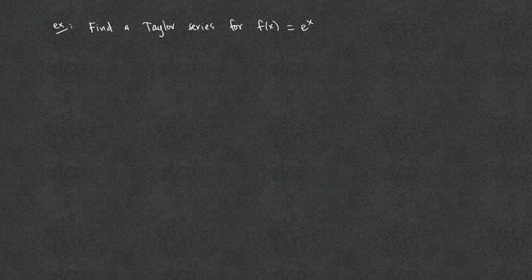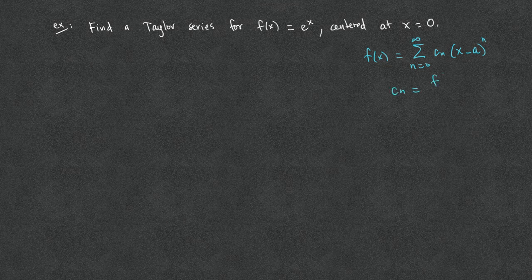For example, find a Taylor series for f of x equals e to the x centered at x equals 0. This is actually a Maclaurin series since the center is at x equals 0. Recall that f of x is the sum, n going from 0 to infinity, of c sub n times (x minus a) to the n, where c sub n is the nth derivative evaluated at x equals a divided by n factorial.